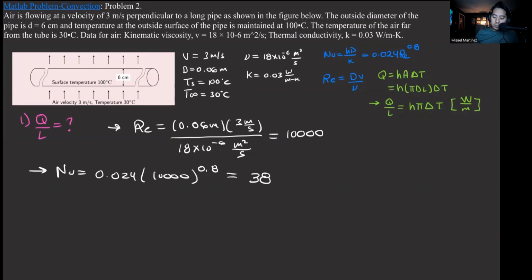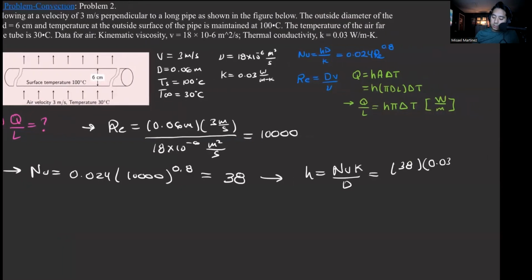All right, so from this, once again, we can find our h, and we know that h is equal to the Nusselt number times k divided by diameter. So it will be 38 times k, which is 0.03 watts per meter Kelvin, divided by the diameter, which is 0.06 meters.